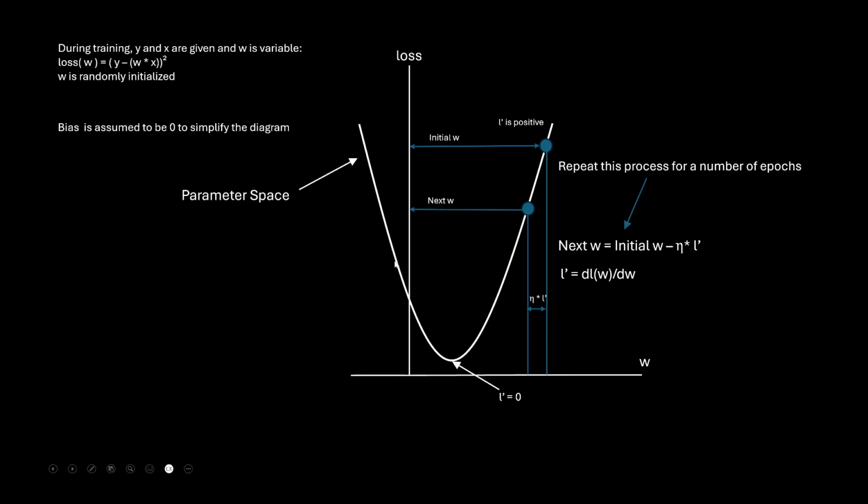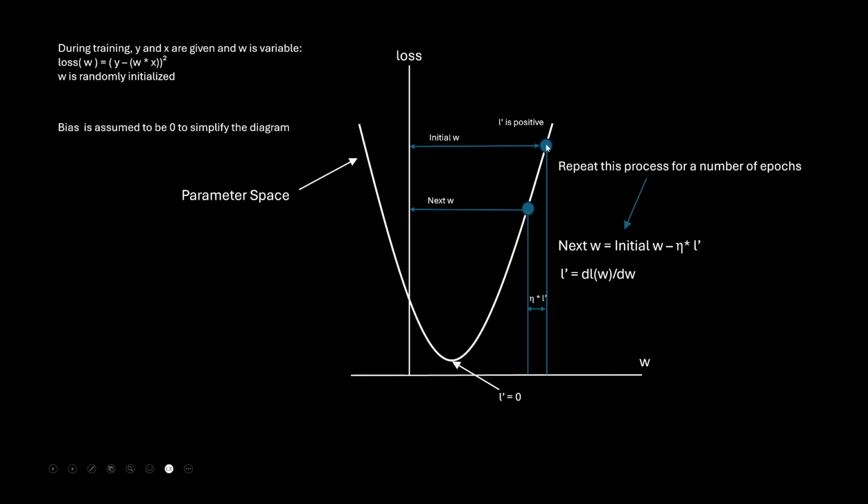So the derivative is negative. But if we're moving up, the weight is decreasing, but the loss is increasing, so the derivative is still negative. So anywhere past this point going this way, the derivative is negative. Anywhere past this point going this way, the derivative is positive.